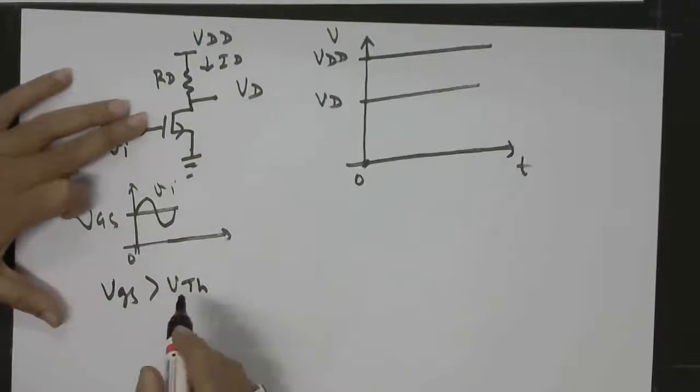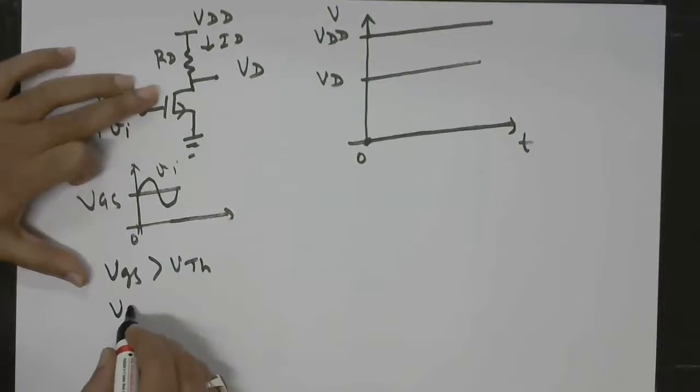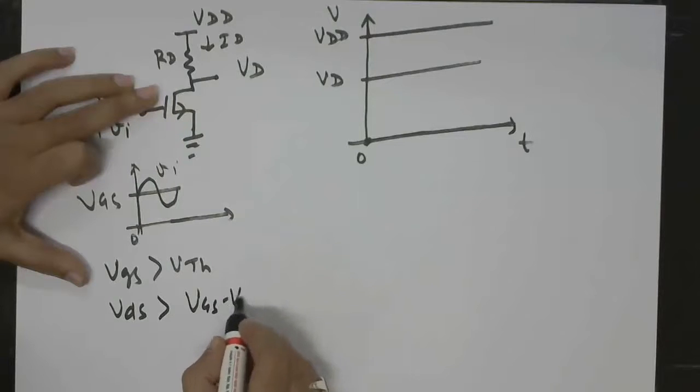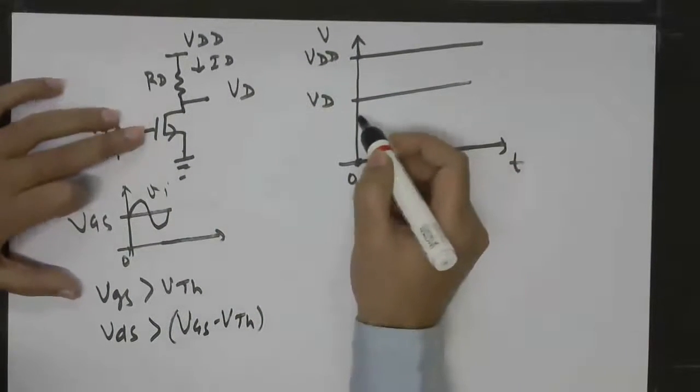And for saturation, we will have to fulfill an additional condition, that the net gate to drain voltage should be greater than VGS minus VTH. So this is the additional constraint that we will have to ensure.